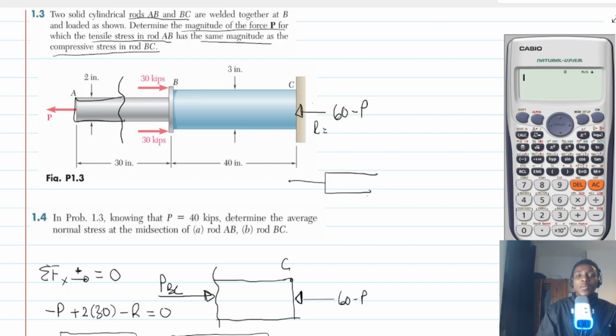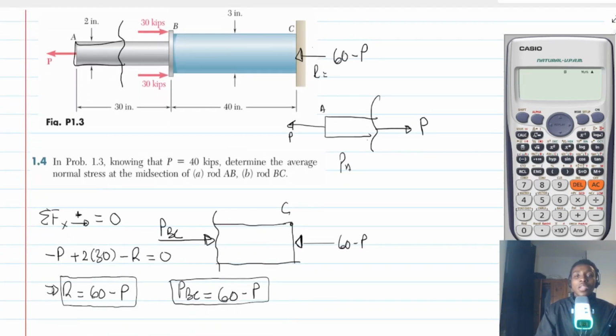You have this, and there is P here, and then there is A. Then you decide to take a cut here, between A and B. Therefore, for the purpose of equilibrium, this must also be P. Interestingly, it means that PAB is P, meaning rod AB will experience only P, but rod BC will experience 60 minus P.